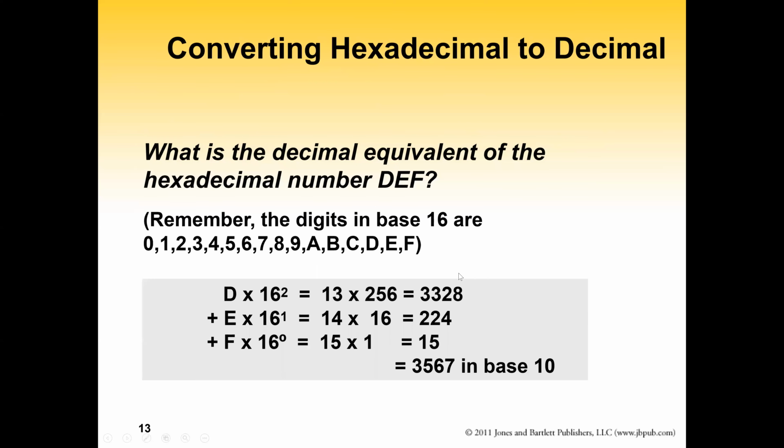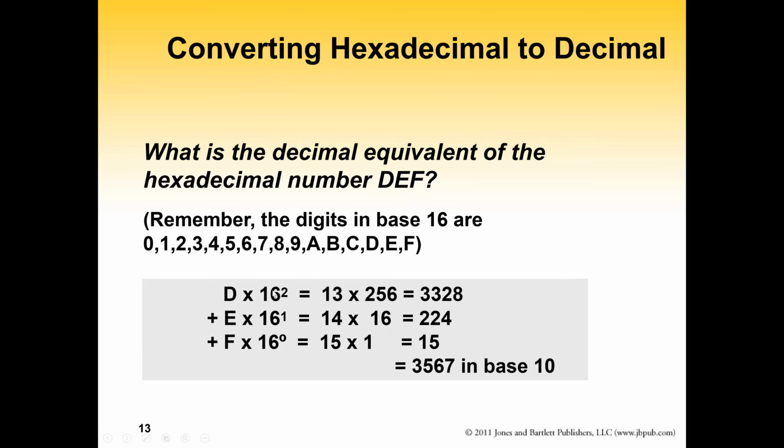So now let's start the conversion. Remember, for decimal, the base was 10. When the number was given in octal and we wanted to convert it to decimal, we used base 8. Now the number is given to us as hexadecimal. We want to convert hexadecimal to decimal, so we use base 16.